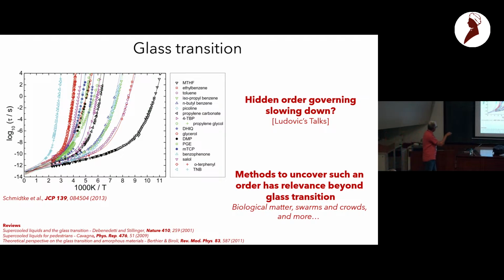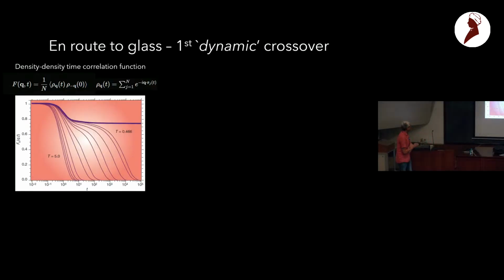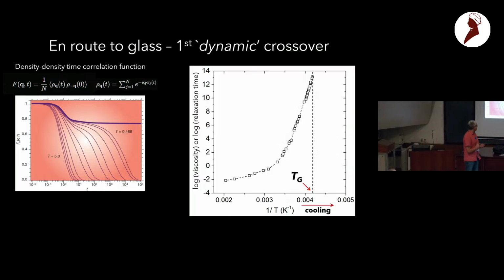So this is a plot in which I'm plotting for you the alpha relaxation time versus the inverse temperature. And the way you would pick this out is you would do, for instance, something like an intermediate scattering function or a density-density correlator. And the first dynamic crossover that you encounter is basically you start cooling the liquid and you start developing the shoulder in your intermediate scattering function at some temperature, all right?